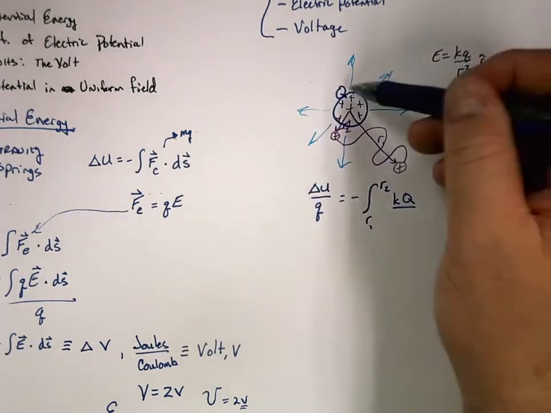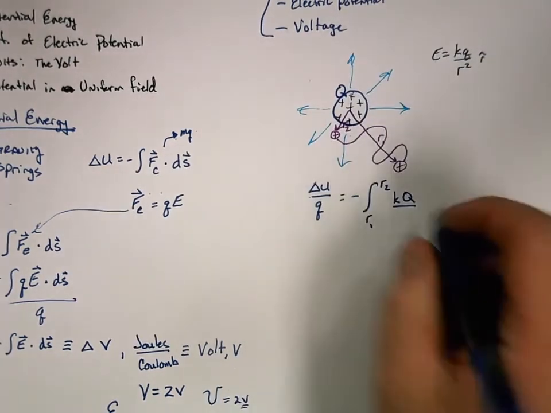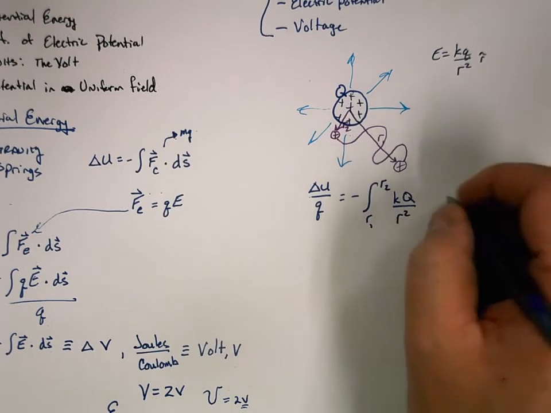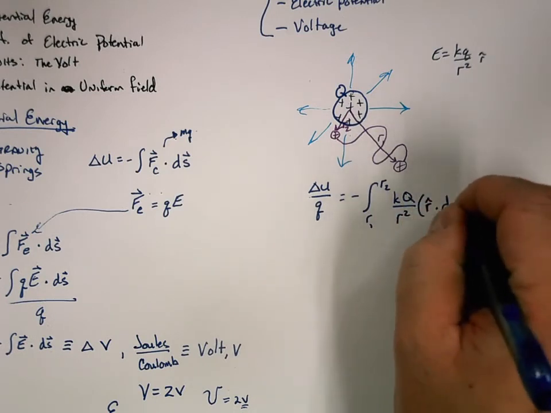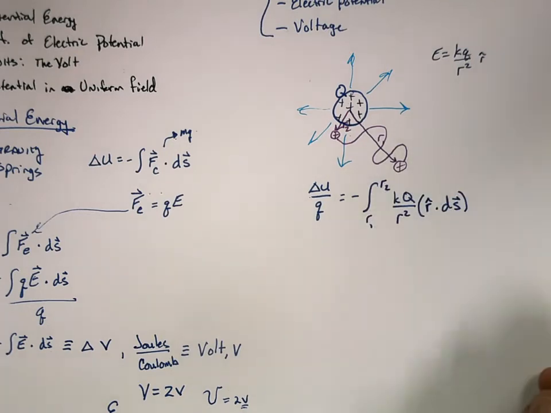This is Q up here, KQ over R squared, R hat dot ds.